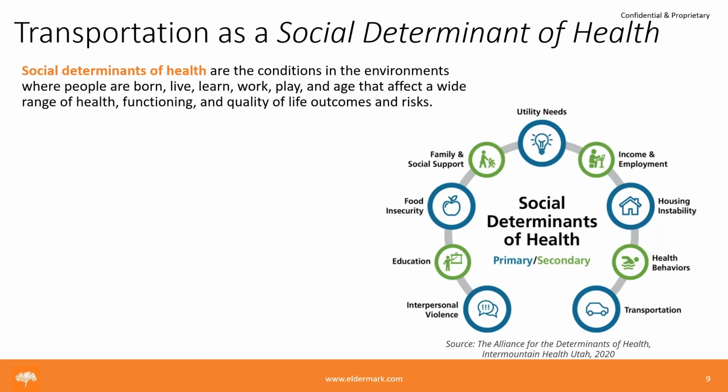When we think of social determinants of health, we're looking at the different conditions in the environments where people are born, where they live, where they learn, work, play, and age that can affect a wide range of their health, their functioning, and their quality of life outcomes and risks.